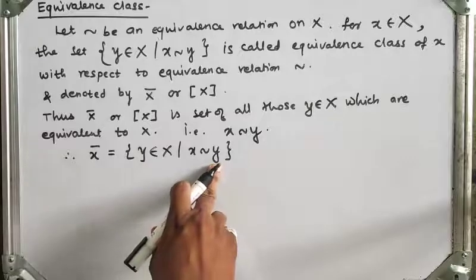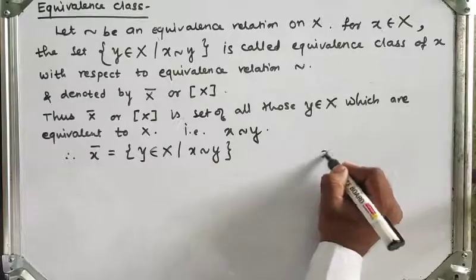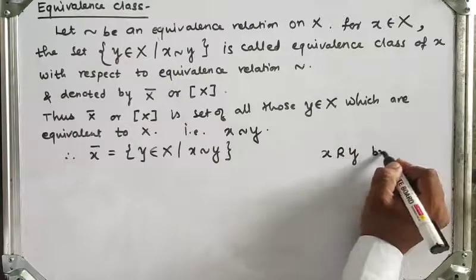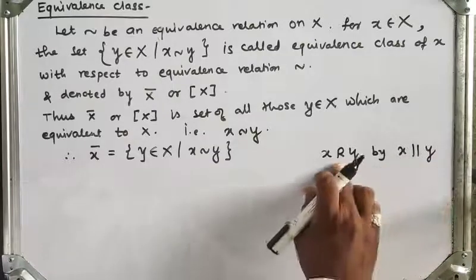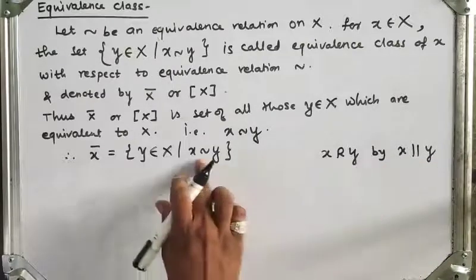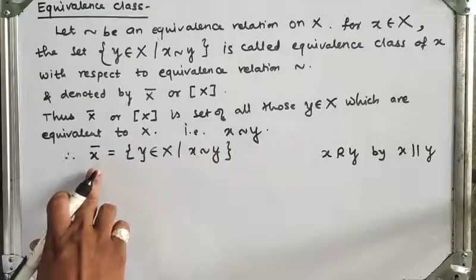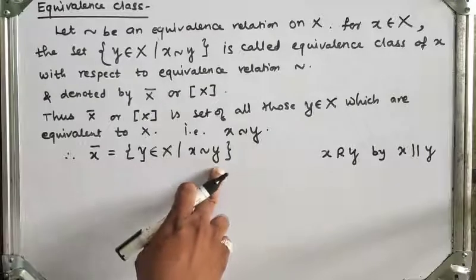Or, in previous lectures we have seen relation R. Suppose x is related to y and given by x parallel to y. Here is the relation, so in the same way here we have used the notation tilde. So the set of all those elements y belonging to set X such that x is related to y.